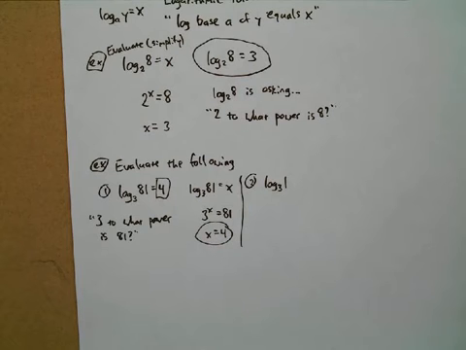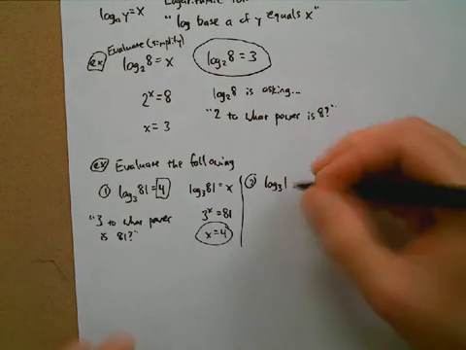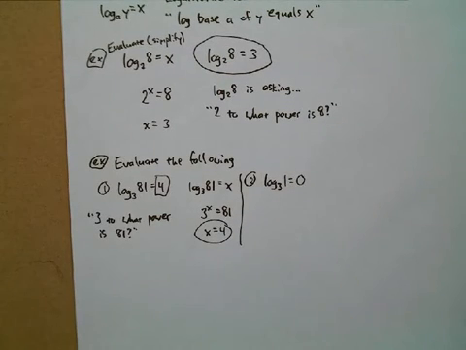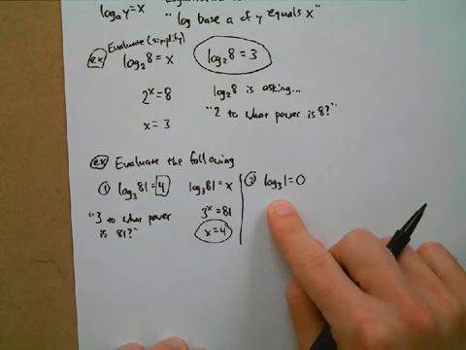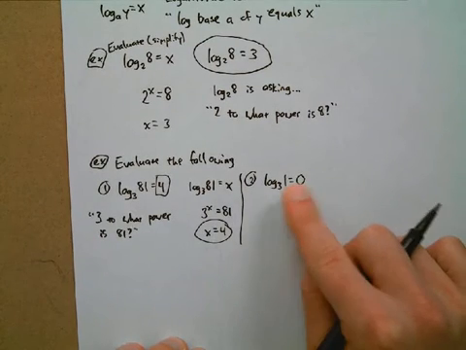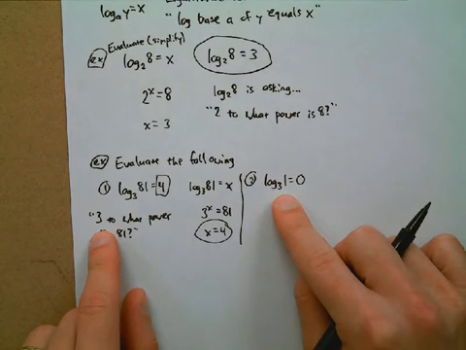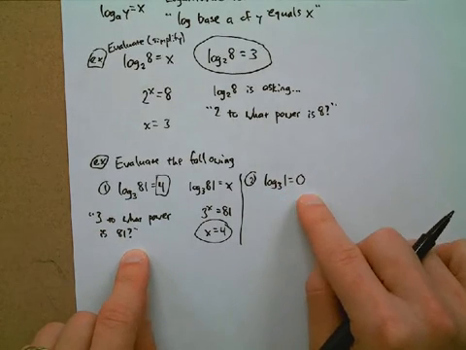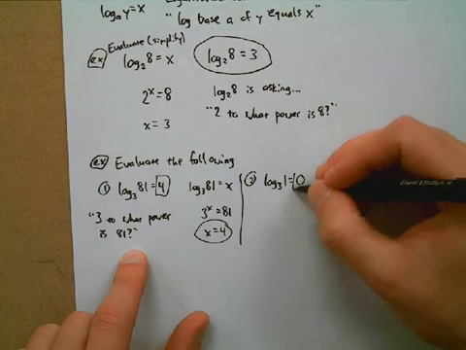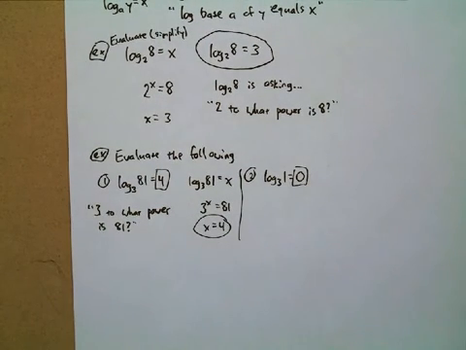That's right. How did you determine that, Cassie? Right, exactly right. So log base 3 of 1 is 0 because 3 to the 0 is 1. 3 to what power is 1? Well, it's 0, so that means this thing equals 0. Questions on any of that so far?